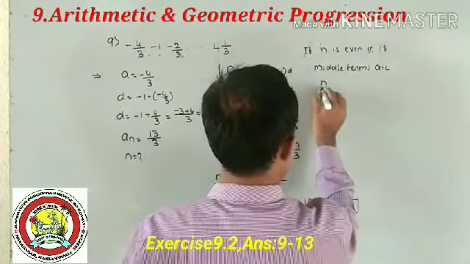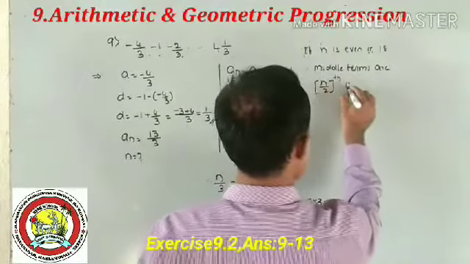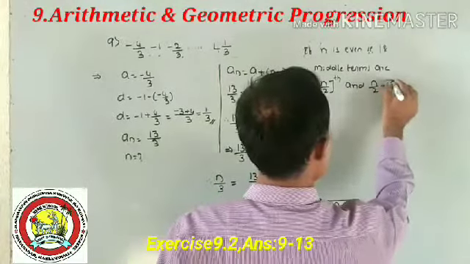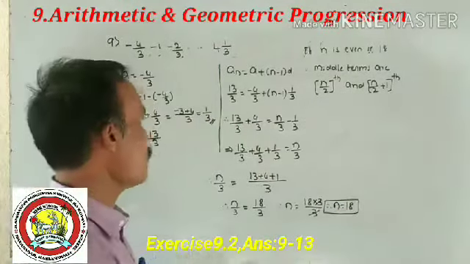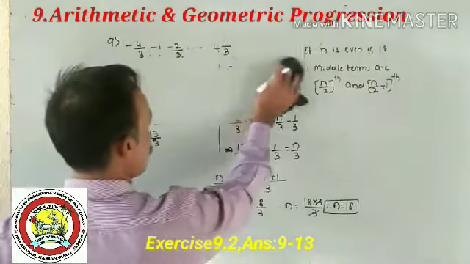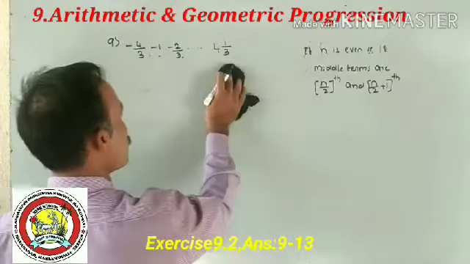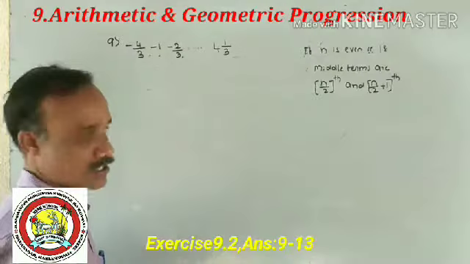The first one is the n by 2 term and the other one is the n by 2 plus 1 term. These two are the middle terms. Find them one by one now. We have to calculate the sum of the two middle terms. Two middle terms means n is always even.